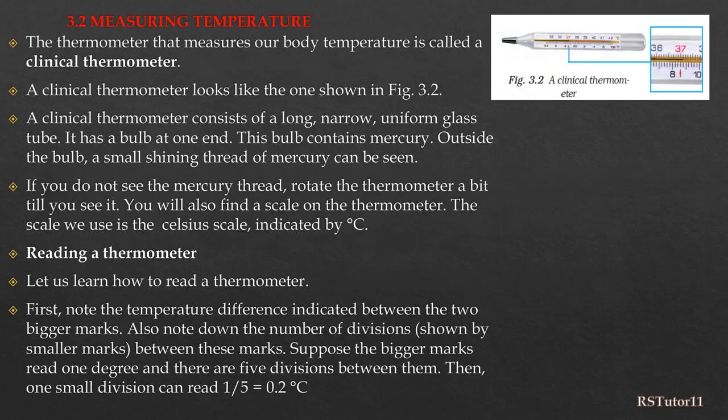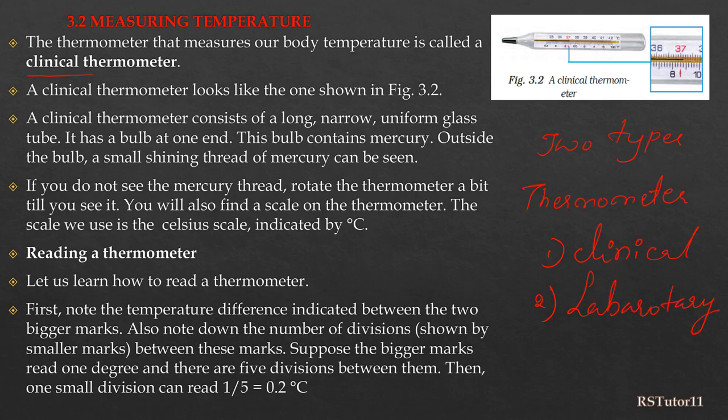Next, measuring temperature. The thermometer that measures our body temperature is called a clinical thermometer. Basically there are two types of thermometers, one is clinical and the other is laboratory.